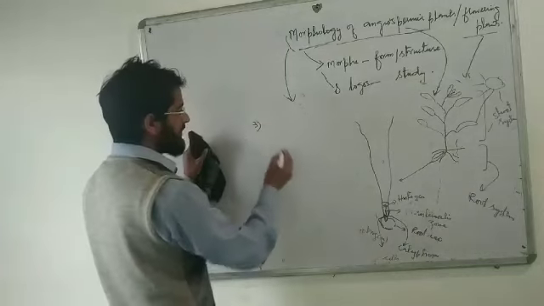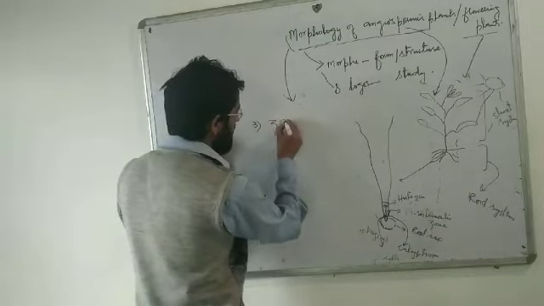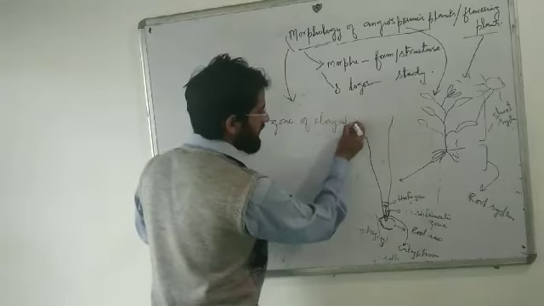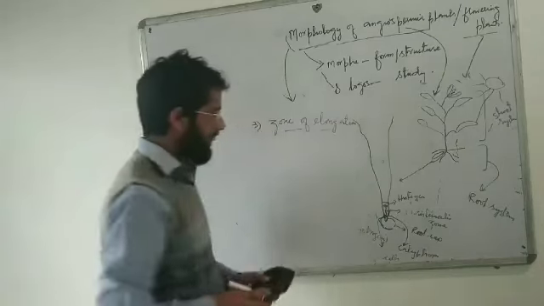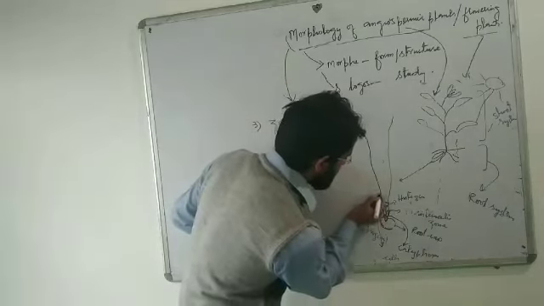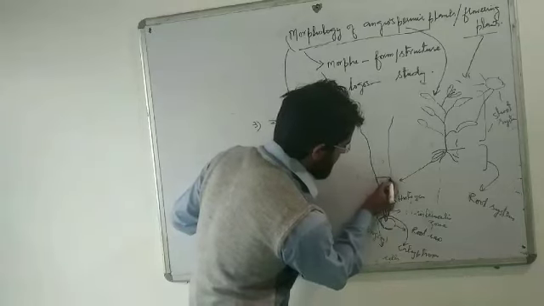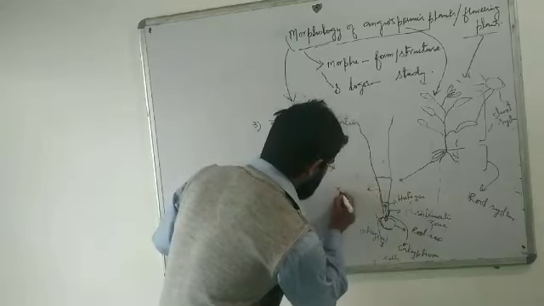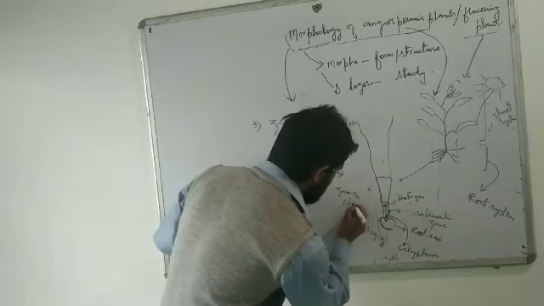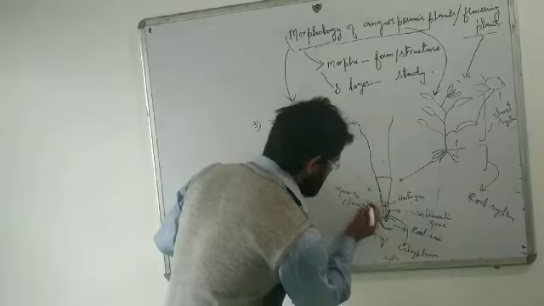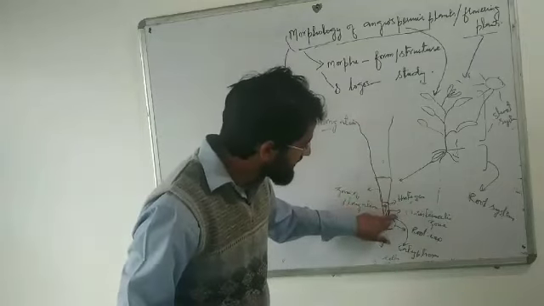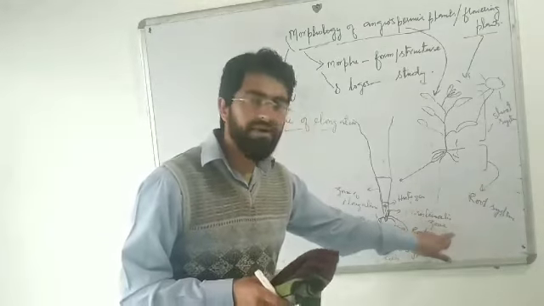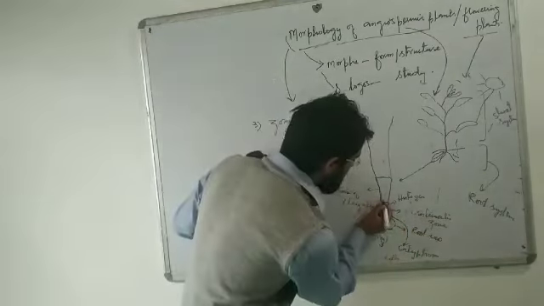Third part of this root is zone of elongation. Above the meristematic zone, there is a zone of cells which is known as zone of elongation, right? Zone of elongation. In this part, the cells which are formed in the zone of meristematic zone get enlarged in size.